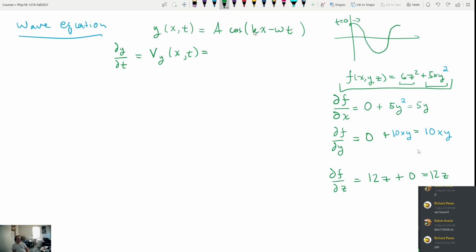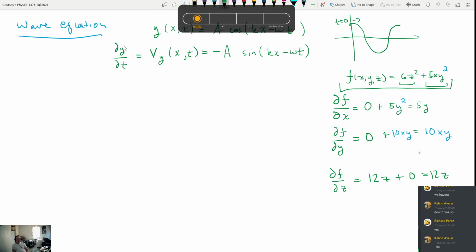We have to take the derivative of the outside. What's the derivative of cosine? Negative sine, right? So the derivative of the outside would be negative a sine of, you leave this part inside the same. And then by the chain rule, we have to multiply by the derivative of the inside, which is going to be negative omega, because we're just taking the partial derivative with respect to t.